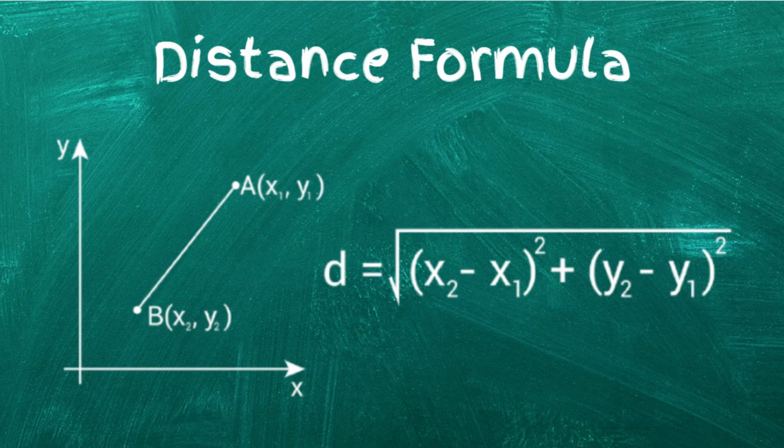Using the Pythagorean theorem, d squared is equal to the quantity x sub 2 minus x sub 1 squared plus the quantity y sub 2 minus y sub 1 squared. Taking the square root gives the distance formula. So every time you find a distance between 2 points, you are using a sum of squares.